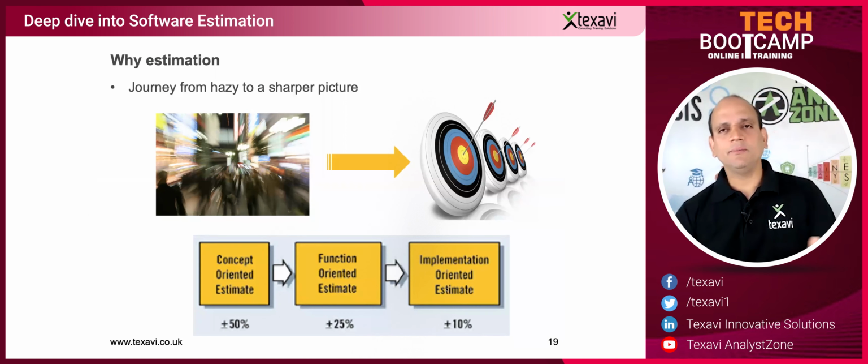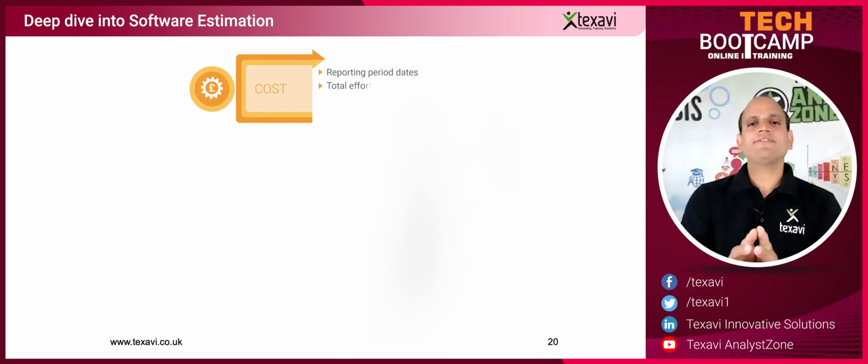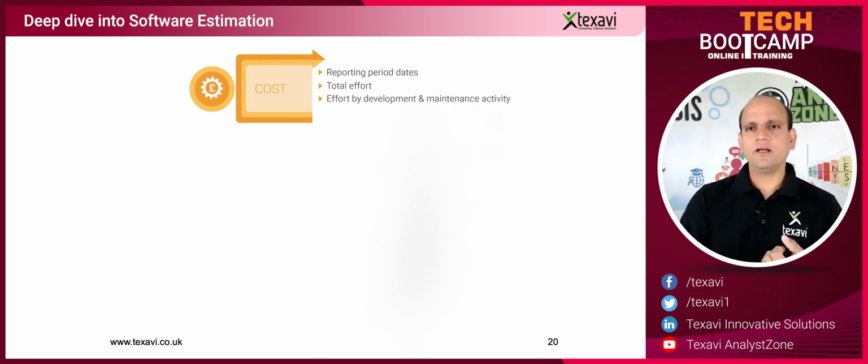In that context, what we need to understand is the cost factors. The first thing that comes into estimation is that when people ask you for estimates, they're talking about how much it would cost to build something like this. The costing could be in terms of specific reporting periods, such as this financial year or next financial year, so the period dates come into the picture.